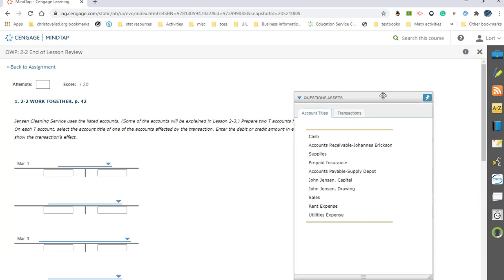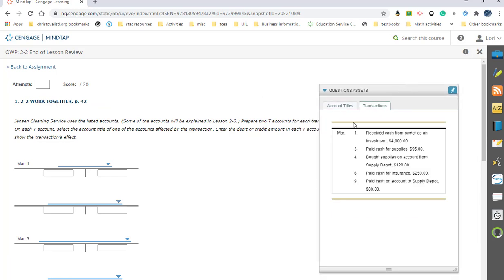On March 1st, we need to figure out what happens. We received cash from the owner as an investment, so our cash and our capital accounts are both changed. Cash increases on the debit side, and we received $4,000, and capital increases on the credit side.